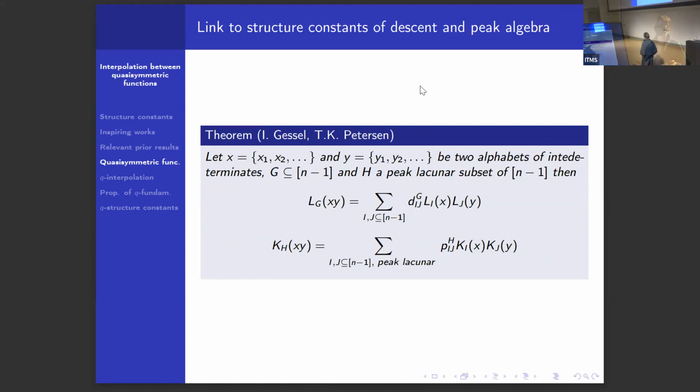Fundamental and peak quasisymmetric functions are directly connected to the structure constants of the descent set and the peak set, as shown in this product formula on x and y. Again, these two formulas are very similar and remind us of the work on the matching Jack conjecture.